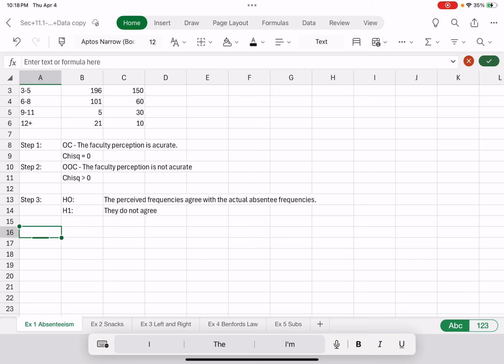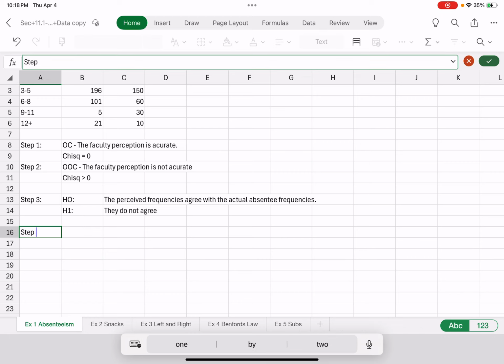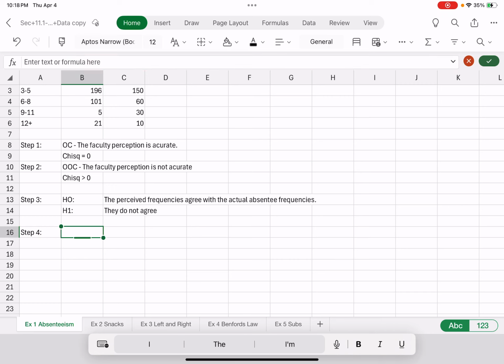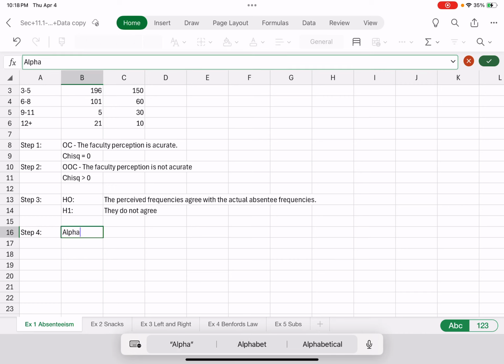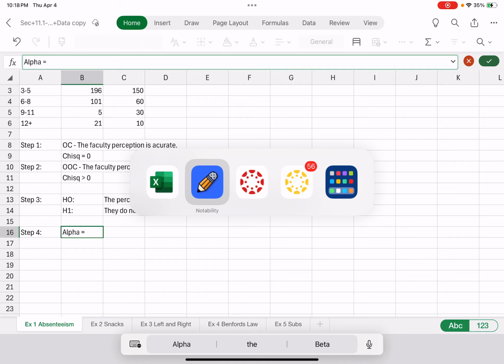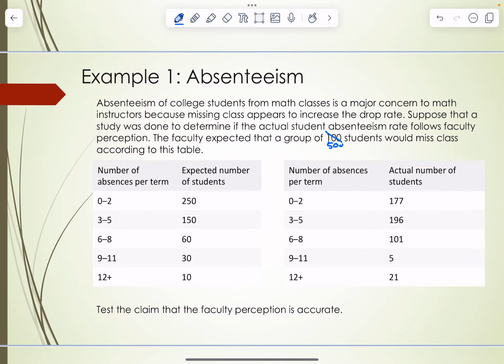Great. Okay, so now let's go to step 4. And this is going to be alpha, the significance level. I don't think a significance level was offered here.